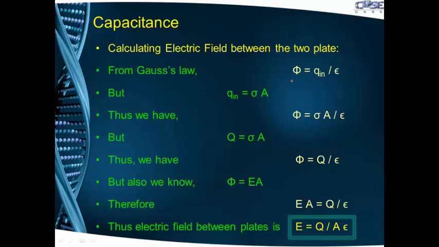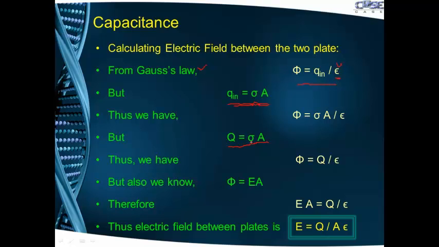That is from Gauss's law. The flux is determined by charge per unit epsilon. Phi is equal to Q enclosed divided by epsilon, but Q enclosed is equal to sigma into A, so phi would be equal to sigma into A over epsilon.